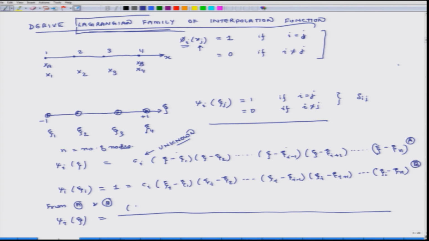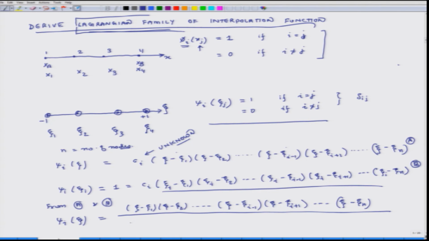In the numerator I have zeta minus zeta 1, and so on, and I have to multiply this by Ci, which is basically 1 divided by this entire term.